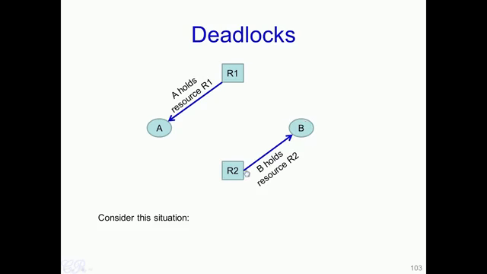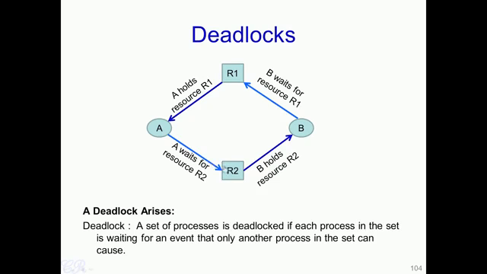So, essentially the process A is waiting for R2 to be obtained, and process B is waiting for the resource R1 to be obtained. To take an example, process A has opened a file stored in the disk, and at the same time, for instance, it wants to print the file to the resource R2, which we assumed was a printer.